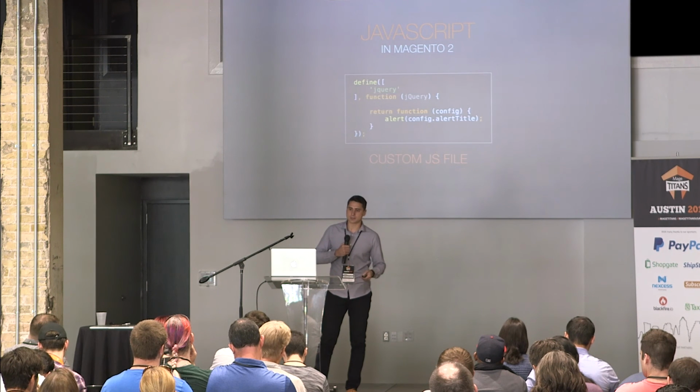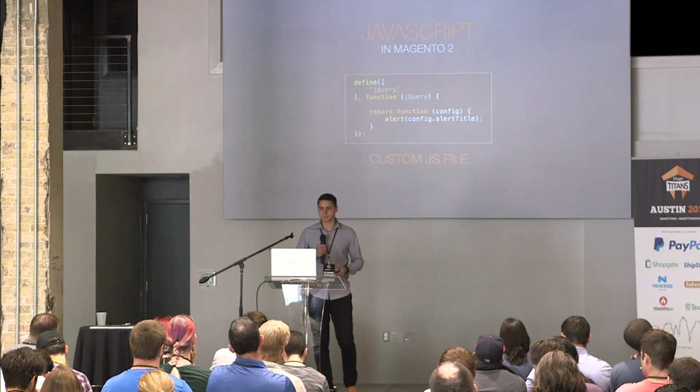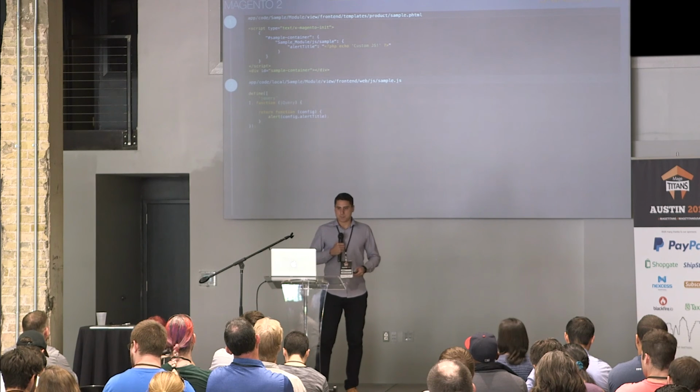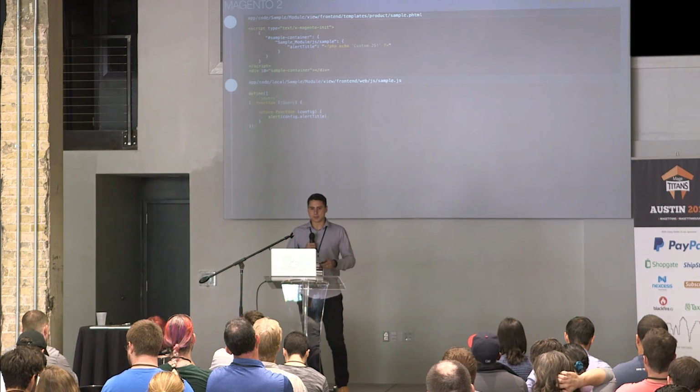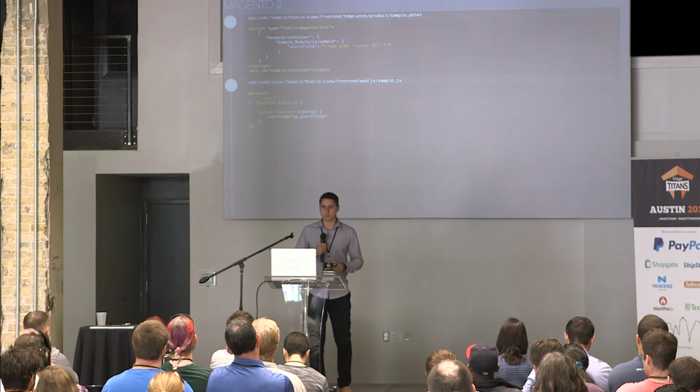You pass that to a JS file, and you can get that value using the config arguments. So this is the template and the JS file for method number 1. And this is the template and the JS file for method number 2.